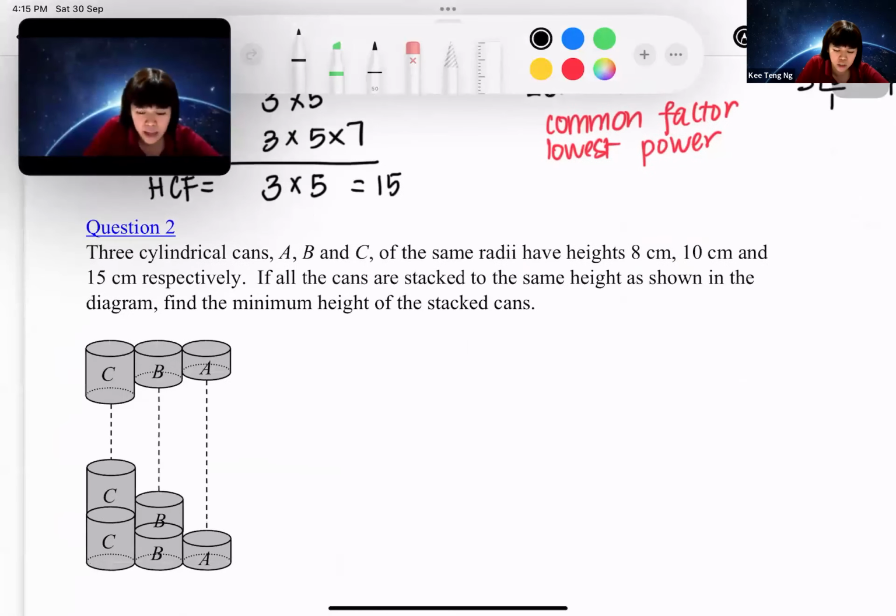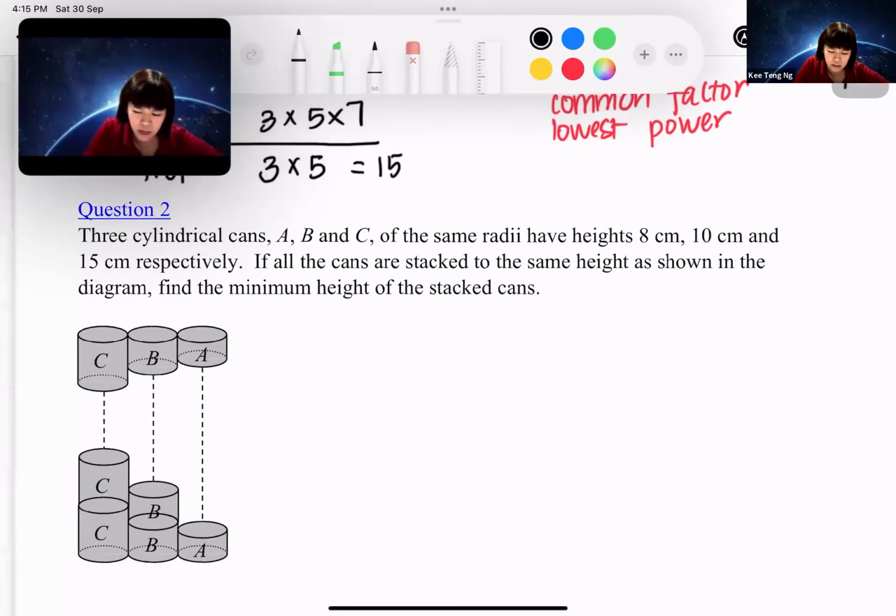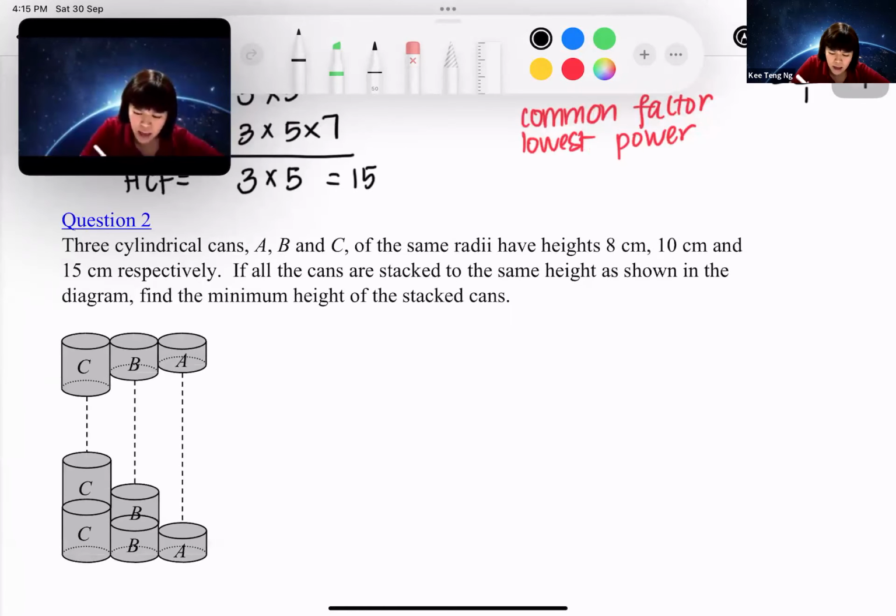Another type of question, I have 3 cylindrical cans, A, B, and C. Then they all stack up differently, right? They have different heights. Some are 8 cm, some are 10 cm, some are 15 cm. So what do we need to do? Firstly, express all these as a product of its prime factors. Divide by 2.